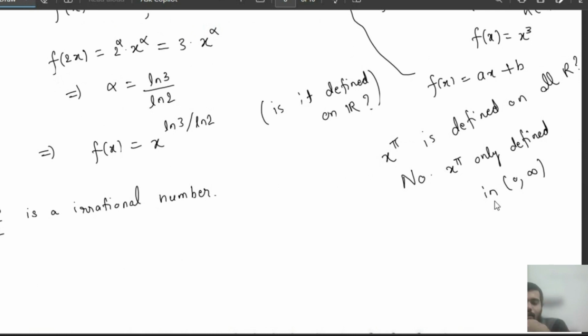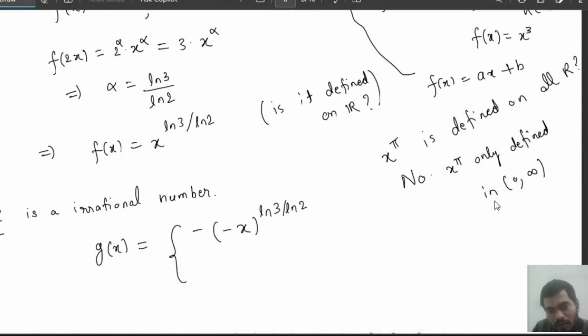So this can't be the homeomorphism, but we can actually modify such a function. See the modification now. Let me define some g x so that it is minus of minus x raised to log 3 over log 2 for x less than or equal to 0, and x raised to log 3 over log 2 for x greater than 0.